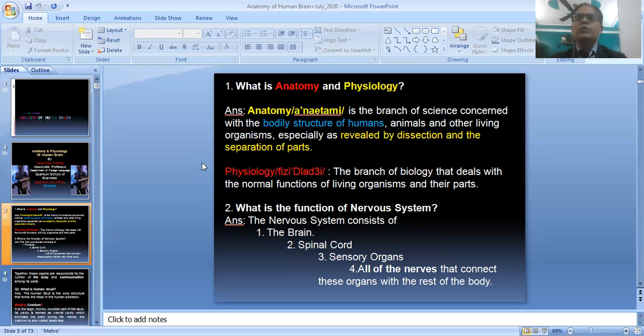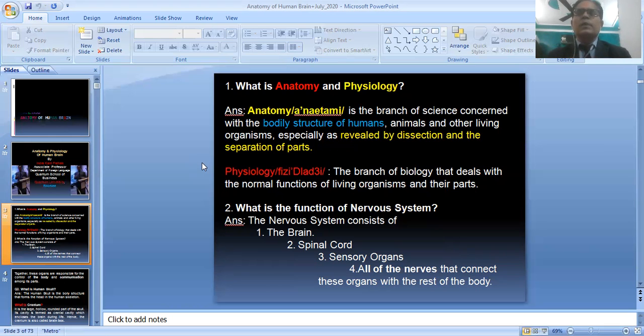All the tissues unite together and form organs. All the organs unite together and form systems, and all the systems unite together and form the body. There are different types of systems, like the circulatory system, excretory system, skeletal system, respiratory system, nervous system, and so on.